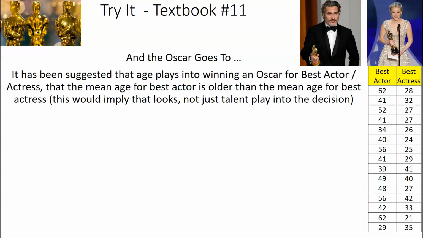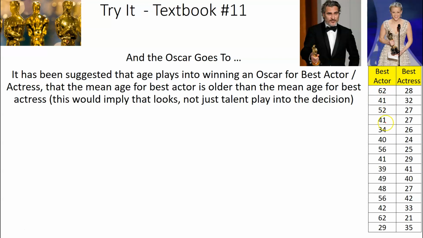And there's this thought out there that for the best actor, it doesn't really matter how old they are. You've got young ones, you've got old ones, it doesn't really matter. But there's this thought that the best actress seems to go more towards the young ones. And what that would imply is that their looks are maybe taken into effect a little bit. And so that's what we're going to check here.